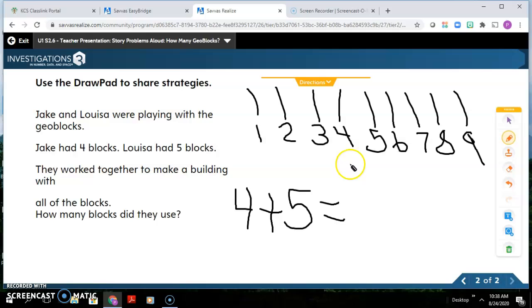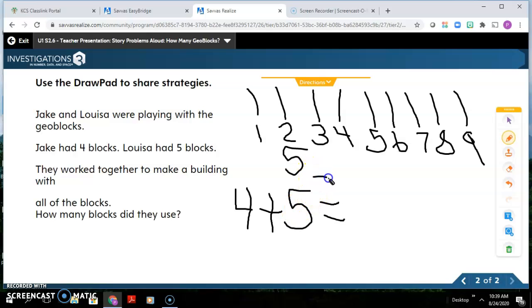Another strategy could be called counting on. Now we could start with 4 or we could start with 5. It does not matter in addition which number we start with. I typically like to start with the larger number. So I'm going to start with the 5. Because in addition, it does not matter which number you start with.